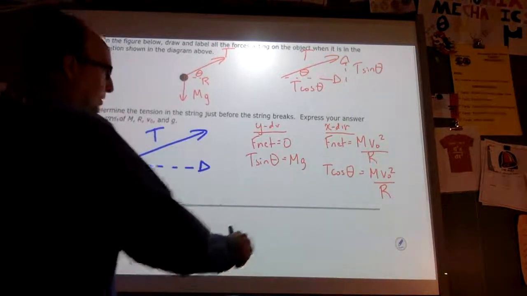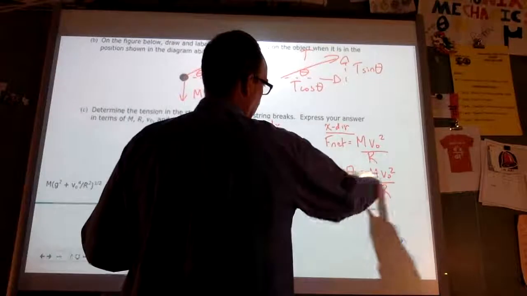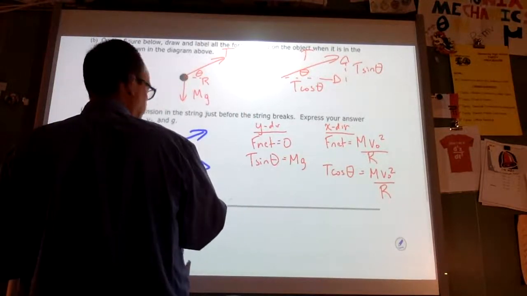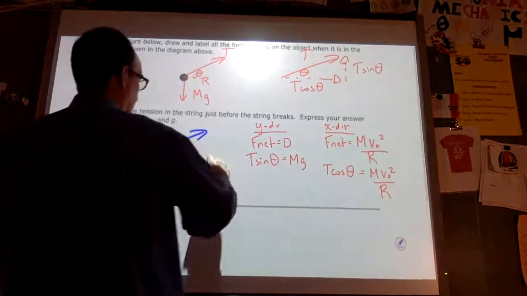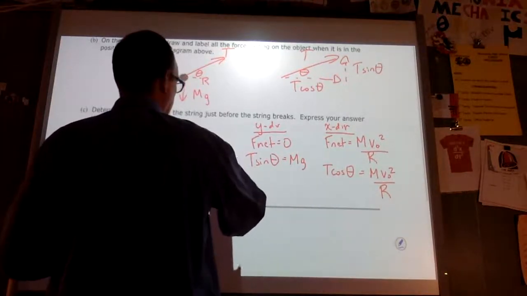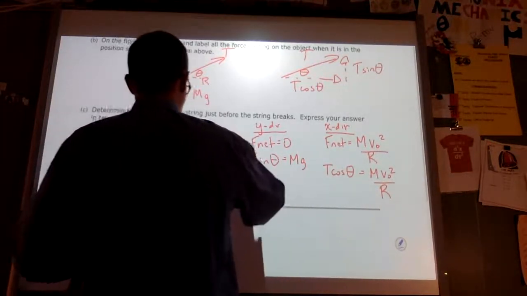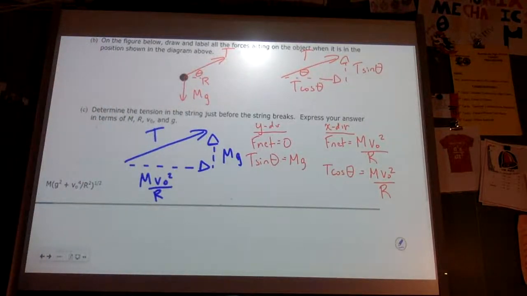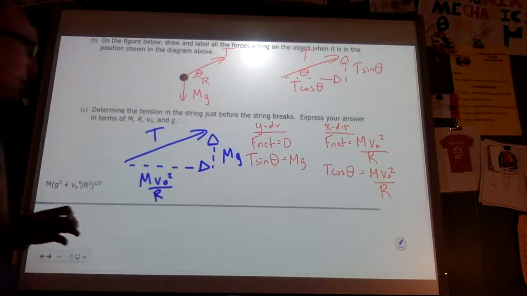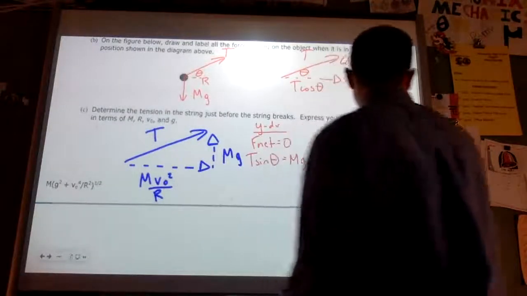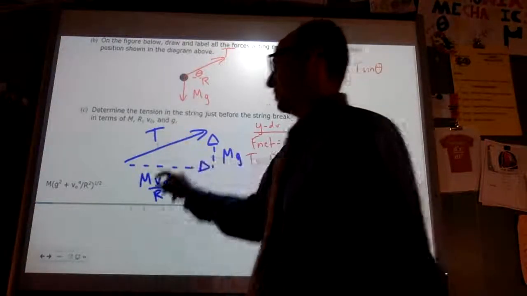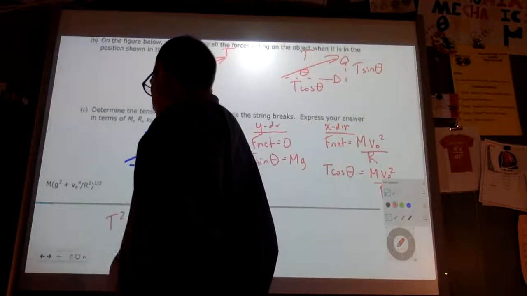We have Tx going this way, which is this T cosine of theta, which we're saying is m v naught squared over r, and the other one we have is mg. So we know that the relationship is the Pythagorean theorem, that a squared plus b squared equals c squared.